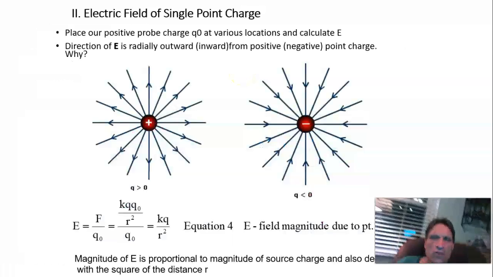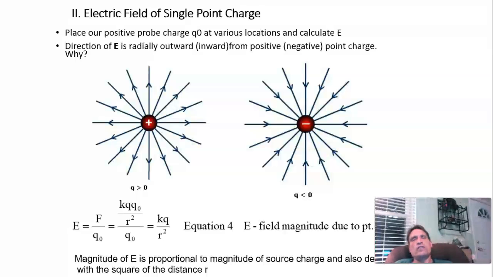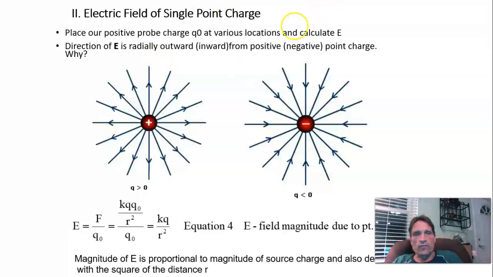So let's go through again and calculate the electric field of a single point charge. We have this positive charge Q, and we'll put the origin at Q. To find the electric field at every point, we have to take this positive probe charge Q0.